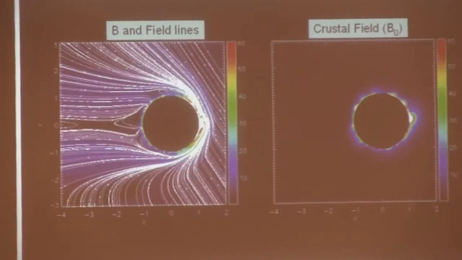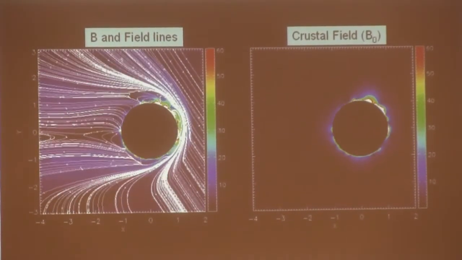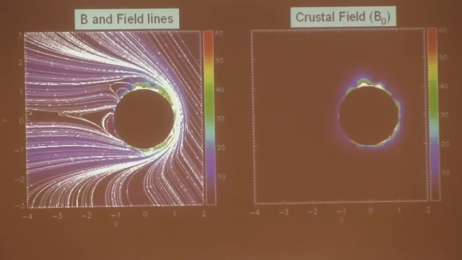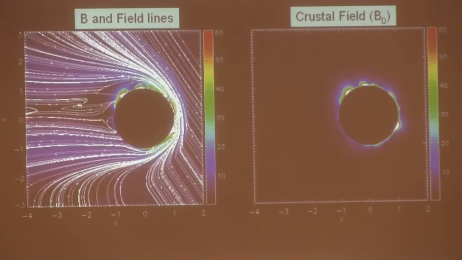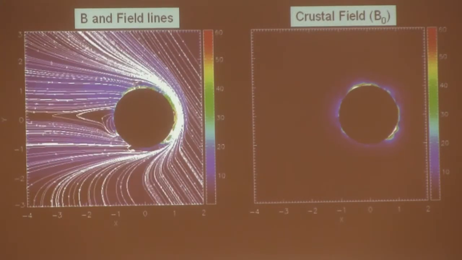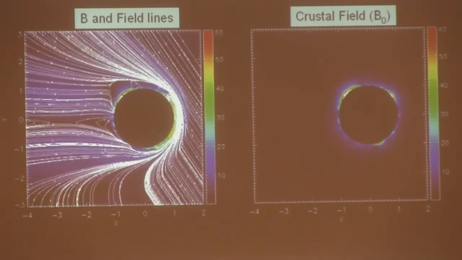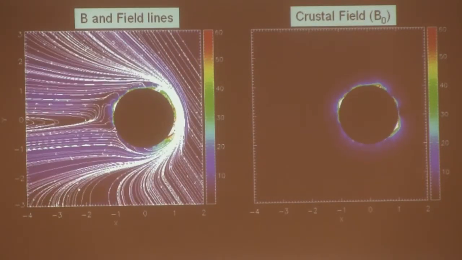As we know, the crustal field is not steadily facing toward the sun, it's actually rotating. So we also use our model to study how this crustal field rotation will change its interaction picture.